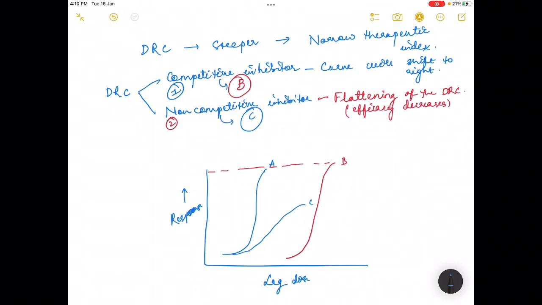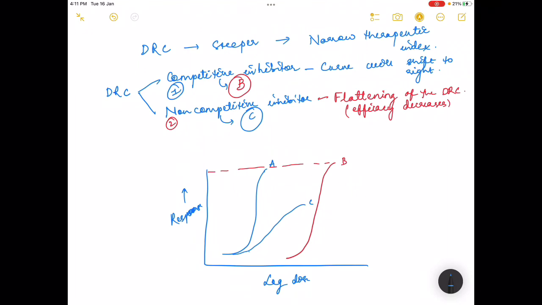Okay, so in this graph, B is a competitive antagonist of drug A. So that causes the parallel shift of the DRC to the right, which means that the potency will decrease. Whereas C is the non-competitive inhibitor, which causes flattening of the DRC.